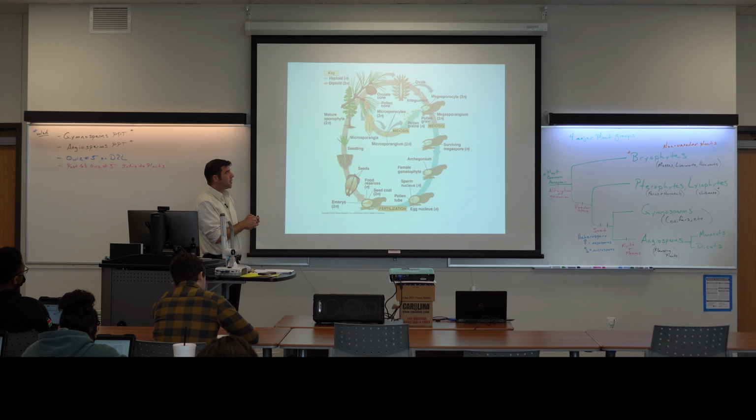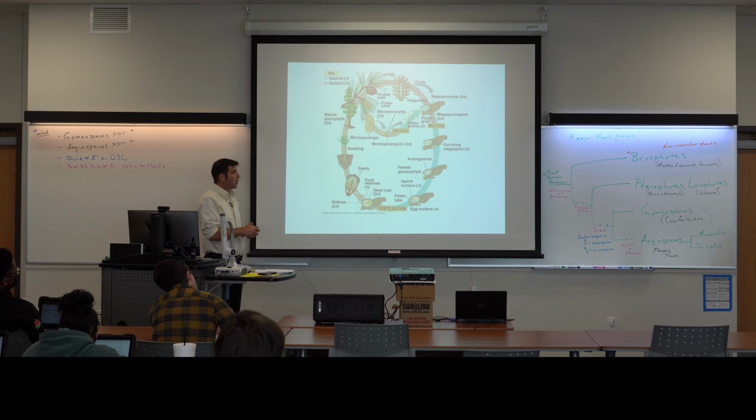So all of those cells that make up the male cone are diploid cells. And a few of those diploid cells inside the scales are going to undergo meiosis and become haploid spores. Now that we're talking about gymnosperms, we can't just say spore, we have to say either megaspore or microspore. These male cones make microspores. Microspores and pollen grains are the same thing.